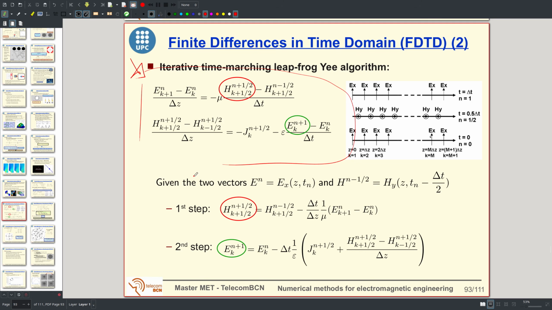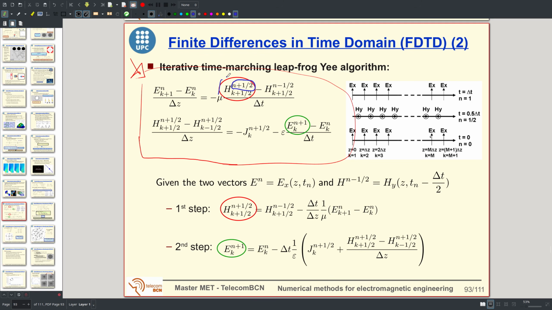And now we have to solve this iteratively. We can solve this iteratively without setting up a system of equations. What we do is isolate, in each equation, the samples at a later time. In the first equation, the sample at a later time is the magnetic field at time n plus 1/2, because all the other terms correspond to samples at time n or time n minus 1.